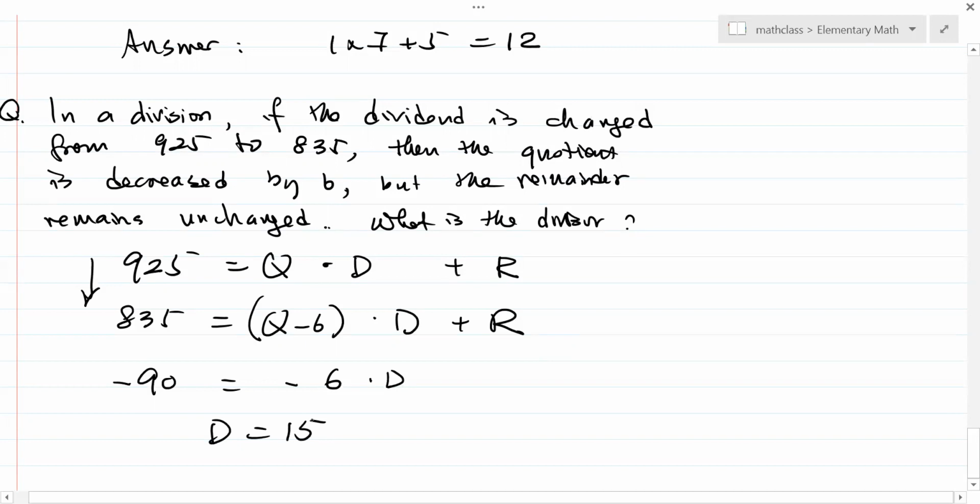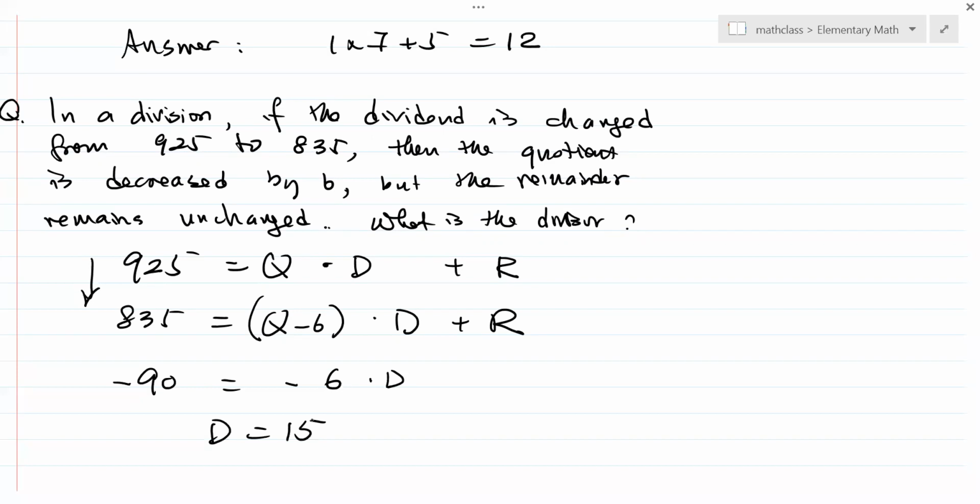So once you get 15, then this is the most difficult problem. You have to involve two types of identity, so you have to think of a different way. When you make the dividend change, use the quotient change. The change in quotient times the divisor should be the change in the corresponding dividend.